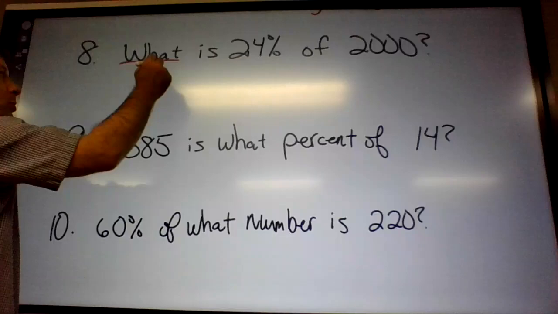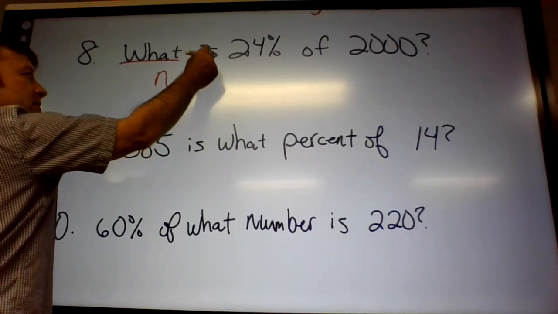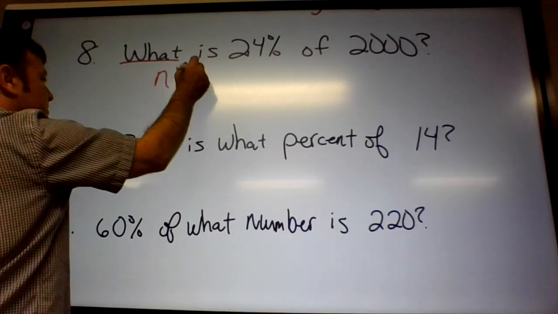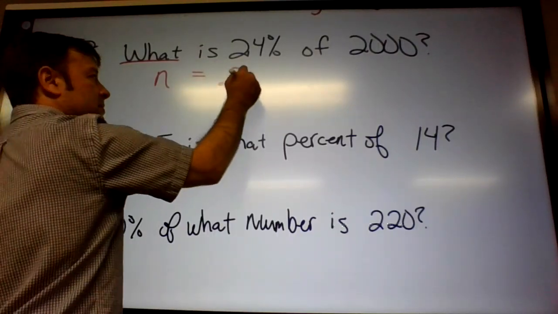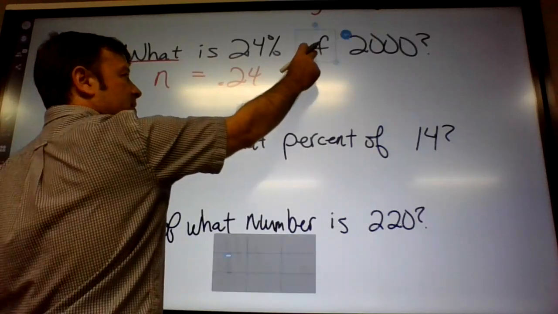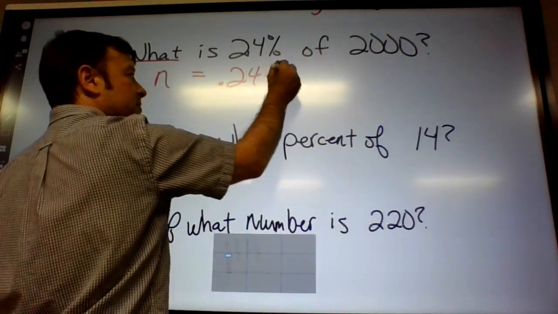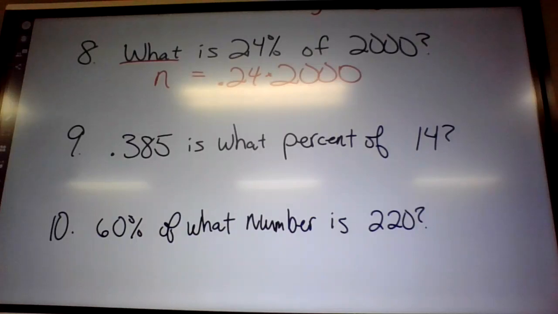So what do we put for, for example, 48? In is times. Equals. 24% is 0.24. Of is times 2000. So how do we solve this one? Multiply.